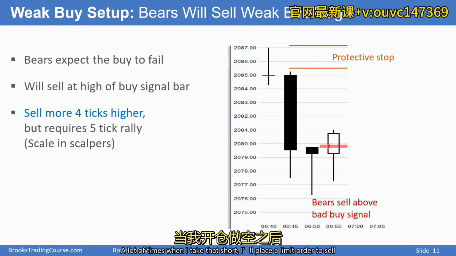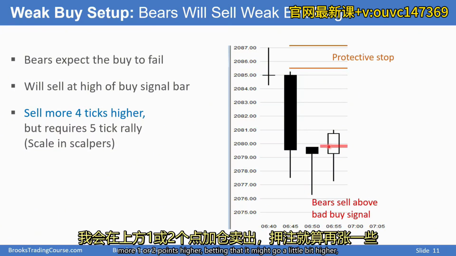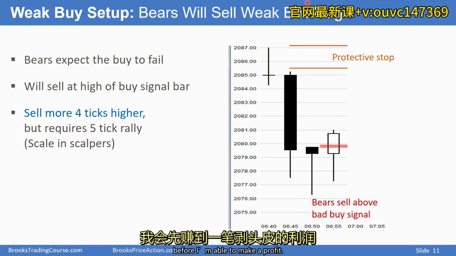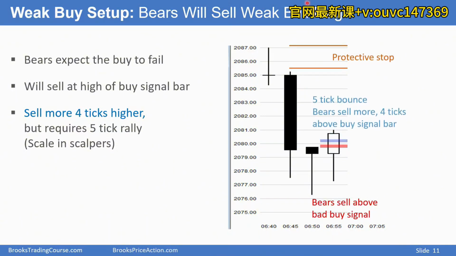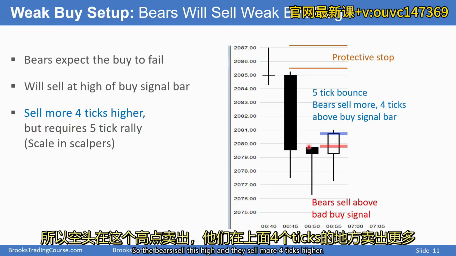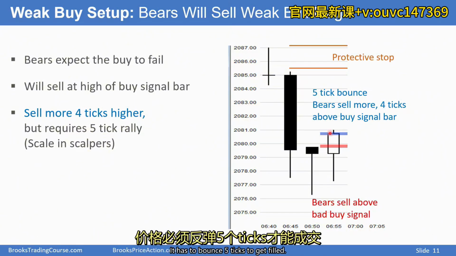A lot of times when I take that short, I'll place a limit order to sell more 1 or 2 points higher, betting that it might go a little bit higher, maybe a 50% pullback, but odds are my stop will not get hit before I'm able to make a profit. So the bears sell this high, and they sell more 4 ticks higher. It has to bounce 5 ticks to get filled.